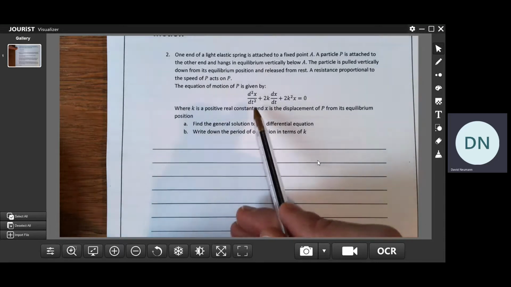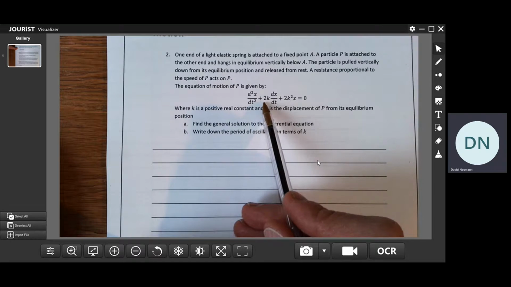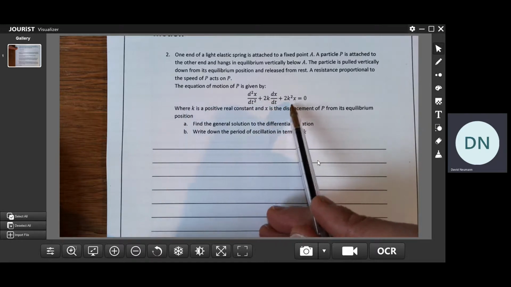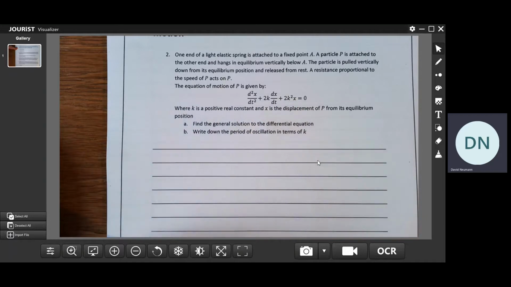So we've got d2x by dt squared plus 2k dx by dt plus 2k squared x is equal to 0, and k is a positive constant. So we're going to find the general solution to the differential equation. It's going to have a number of constants in, and then we're going to find the period of oscillation.